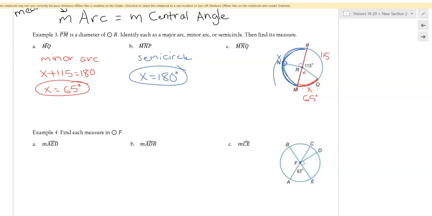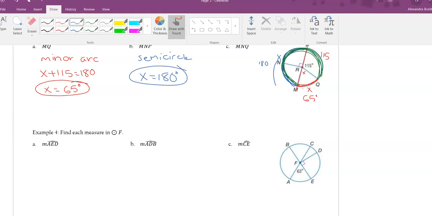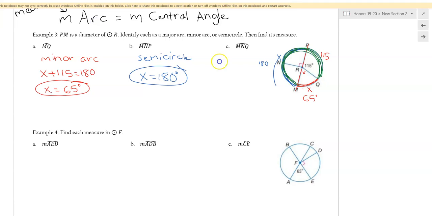Then we have M to N to Q. We're doing this whole piece here. Well, I already know this piece, that blue piece, was 180, and that this piece over here is 115. So that means I'm going to add that 115 to the 180. And I'm going to get 295.